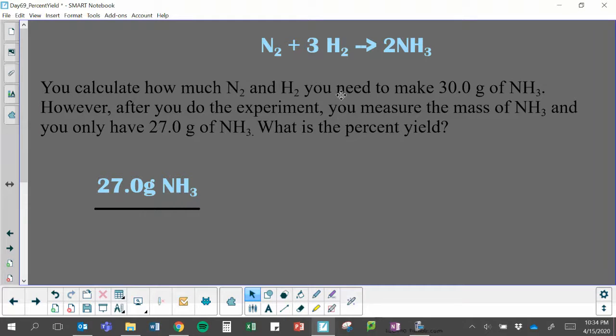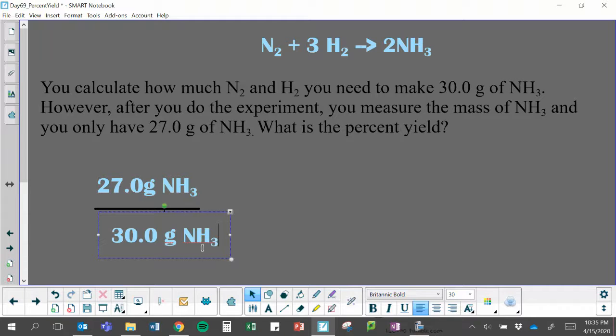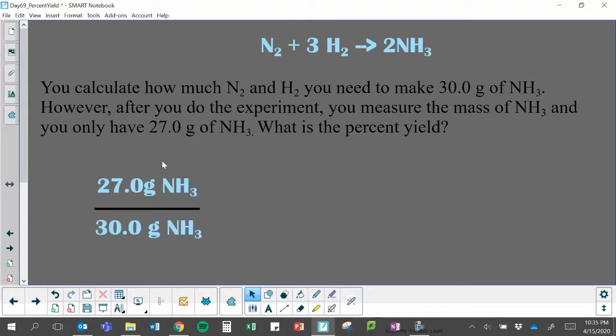And that's saying when we calculate where we should make 30 grams. So that's going to go on the bottom. So we have our actual divided by our theoretical, and then we just need to do times 100% to make it a percentage.